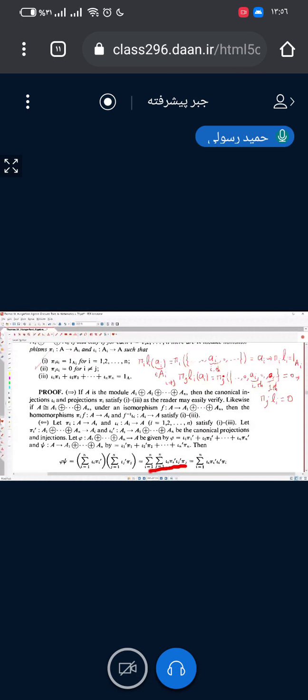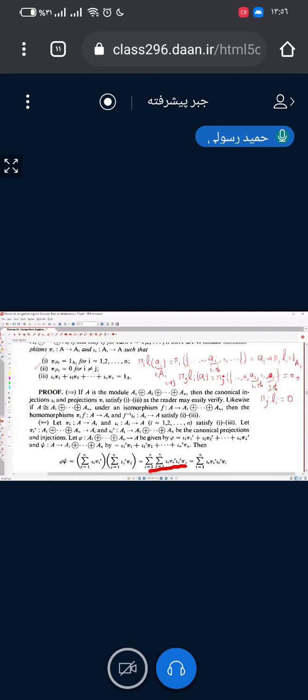And this sigma equals this sigma, because by the assumption we have P_j L_i equals 0 and P_i L_i equals the identity. So in this sigma we can not consider some parts where the indices are different.